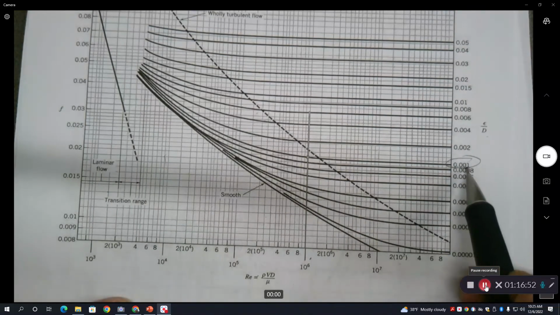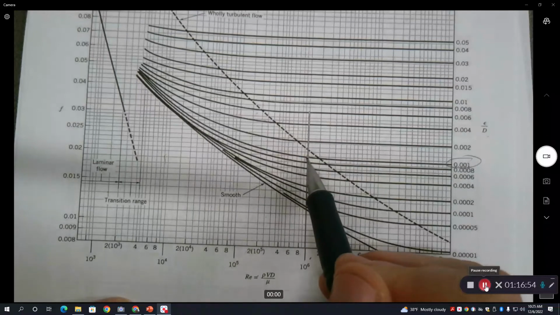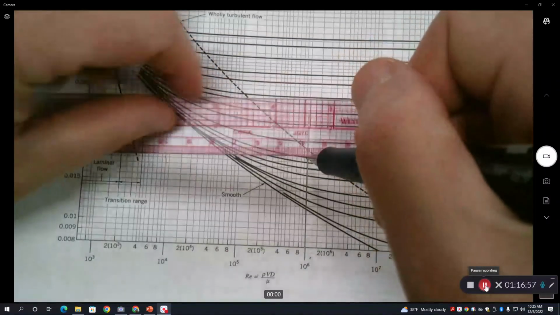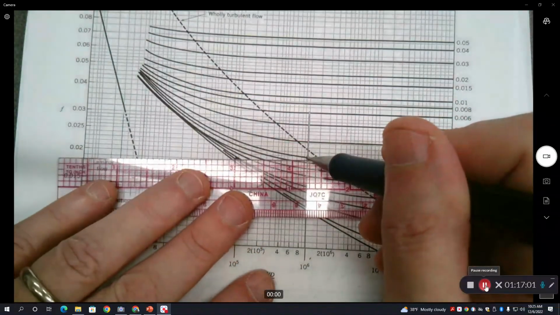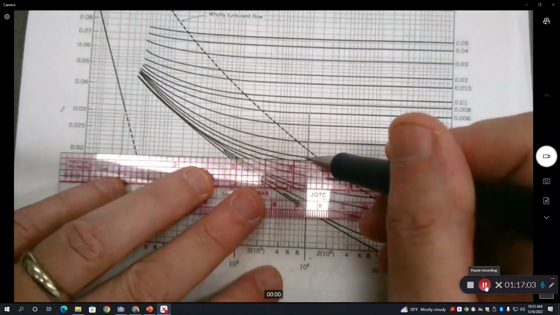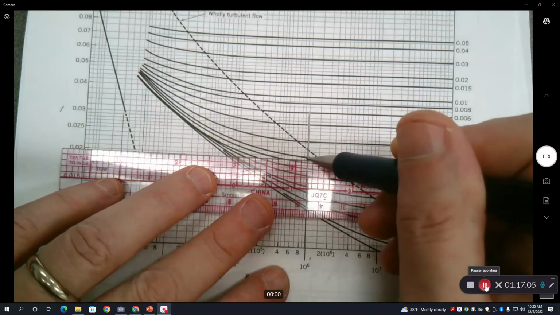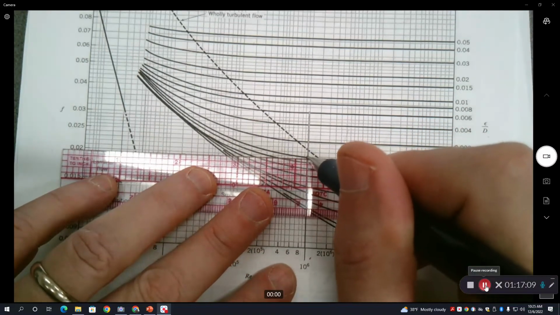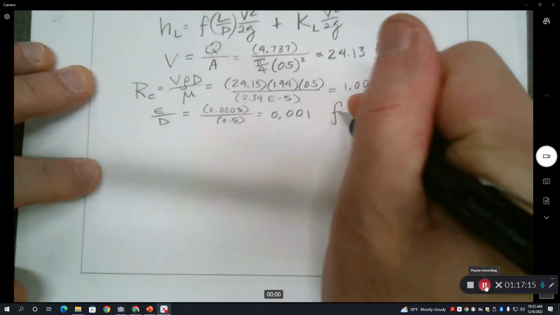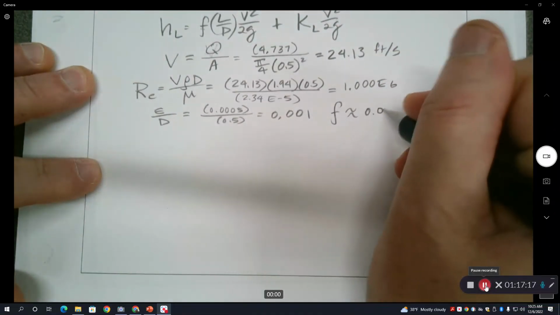So there's 0.001, comes over to here. Try to see if I can see that line straight. I think it's 0.0002, right? Very, very close to 0.02. So f is 0.02.